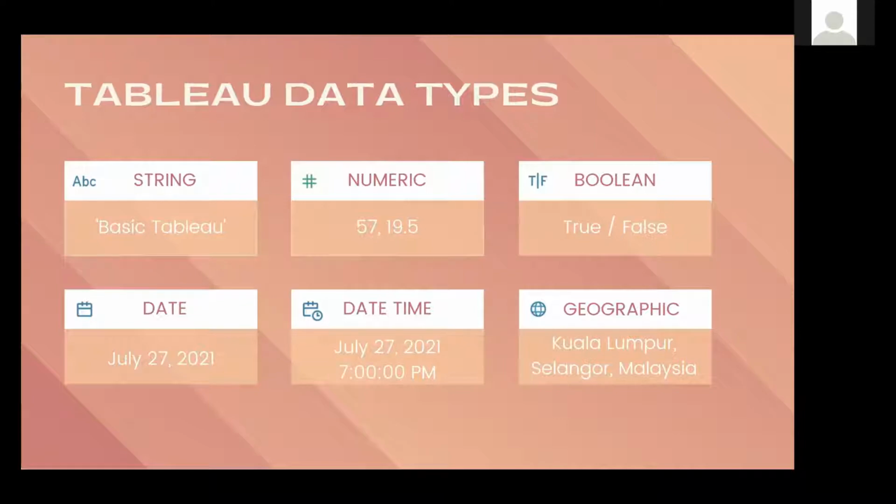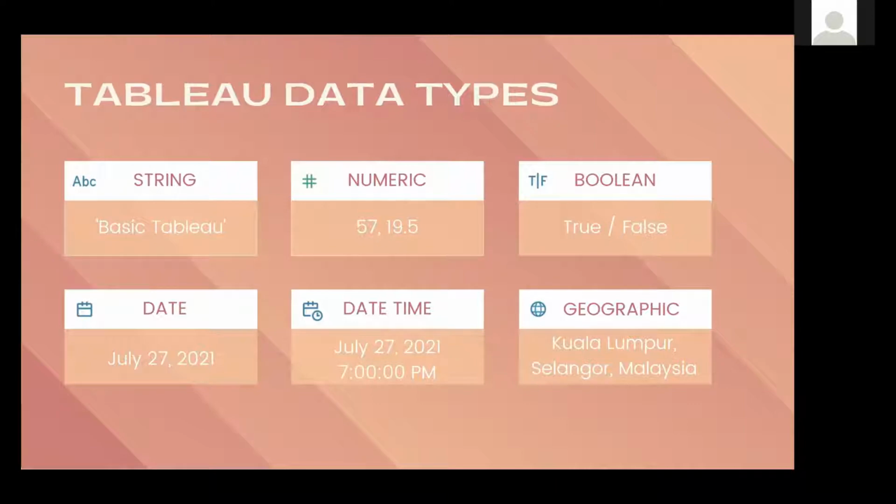Is it true or false that 5 is bigger than 6? False, right? So if the statement is not correct, it will return false. And let's say I say 5 is less than 10. Of course, it's true, so it will return true. So it's basically like yes or no.